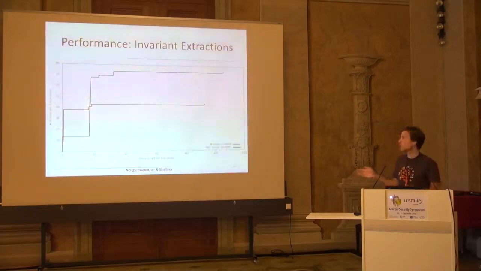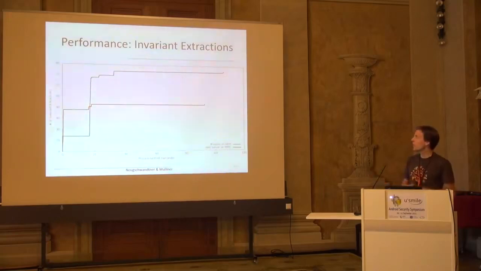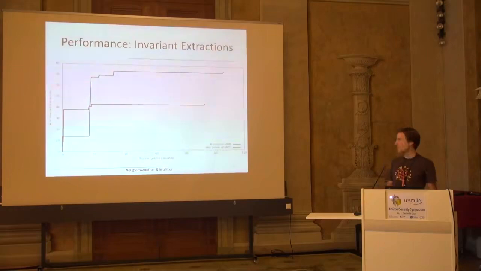Then caching kicks in, and we are basically idling regarding invariant extractions. Only as soon as we actually surf to the website and open it up, we have again a peak, and then any subsequent accesses don't exercise super new code paths, so it levels out over time.